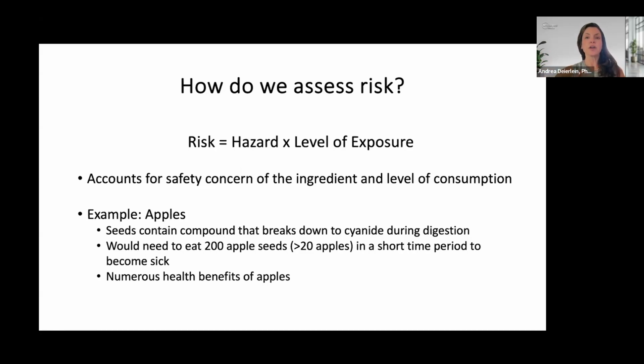So the point is that we have to take into consideration what risk something poses, the number of different health risks it might pose, and then the level of how much we would have to consume or be exposed to in order to have those health risks. And on top of that, we need to take into account whether there are any benefits associated with it that we might want to weigh against the risks.